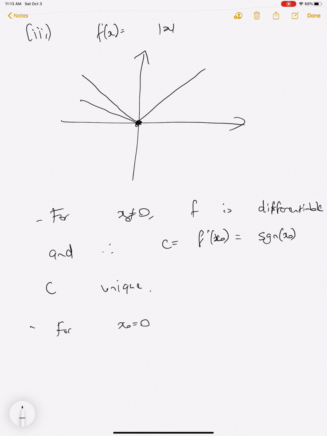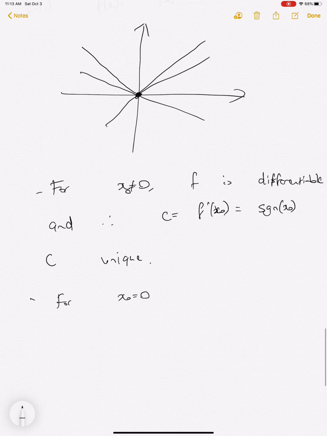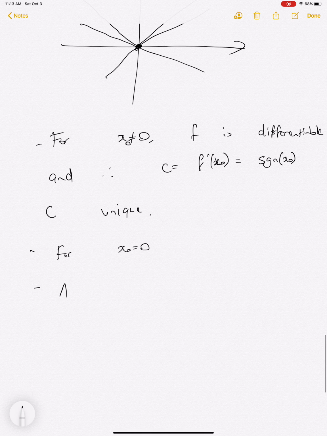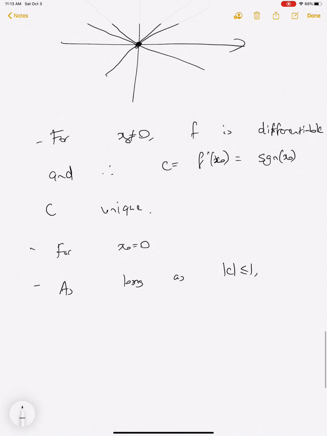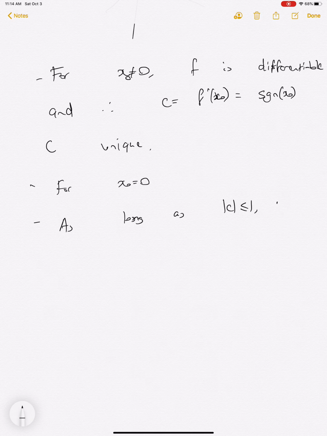So this line lies below it, this line lies below it. As long as the absolute value of C is less than or equal to 1, f of x minus f of 0 is greater than or equal to C times x minus 0.